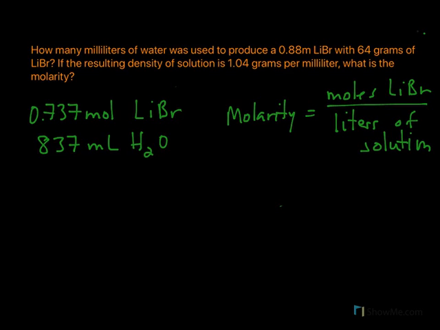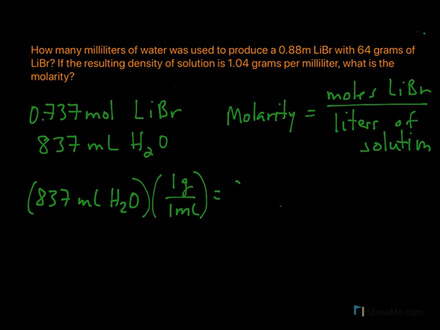So let us figure out the grams of solution. We know that we have 837 milliliters of water. We know the density of pure water is 1 gram per 1 milliliter. So this gives us 837 grams of our solvent, which is water.